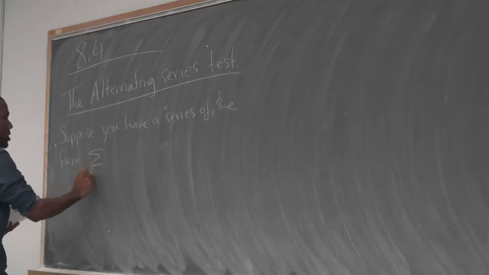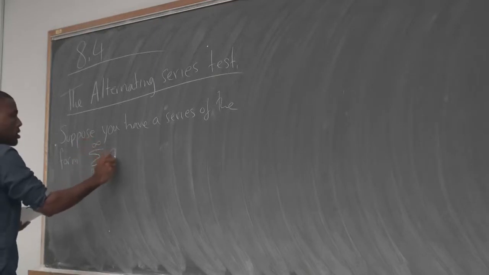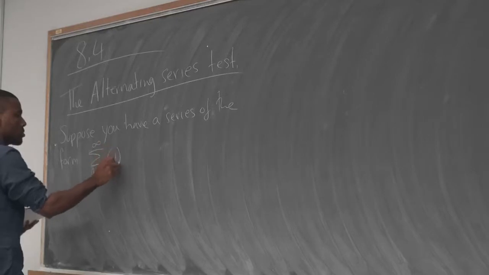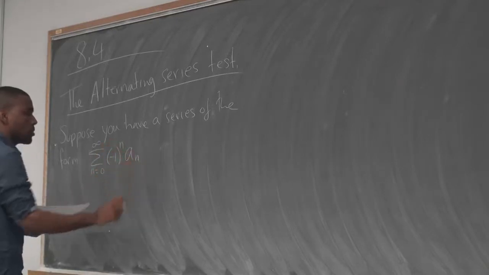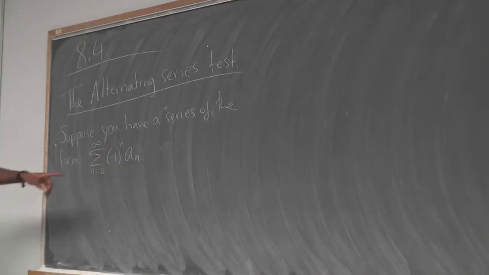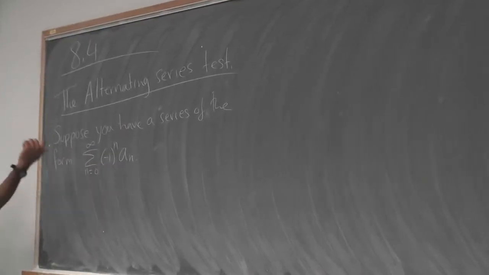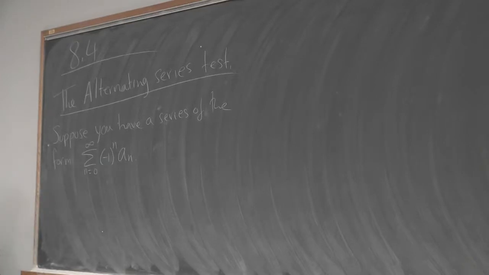It looks something like that, where we've seen this (-1)^n guy before. This just alternates the sign. Whenever n is odd, you get negatives. Whenever n is even, you get positives. So you just get a plus, a minus, a plus, a minus, a plus, a minus.